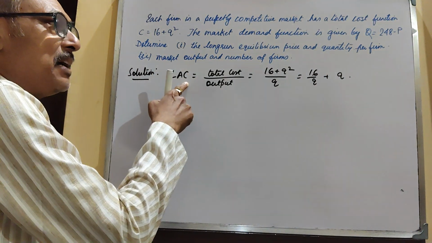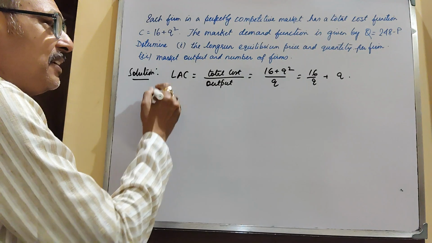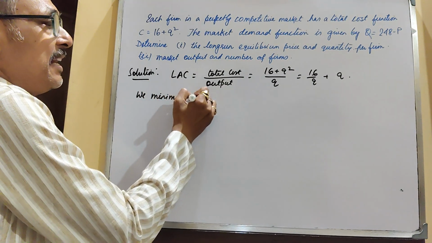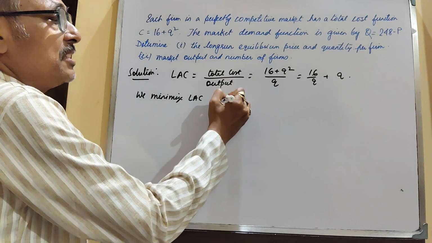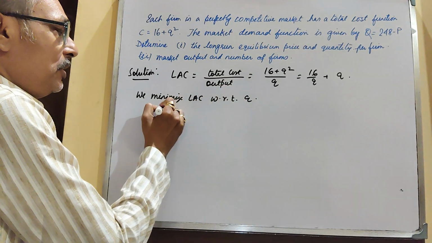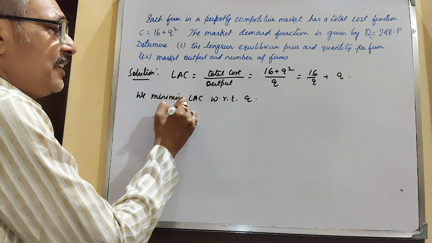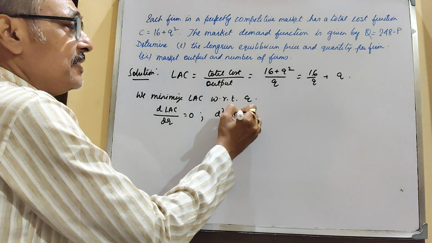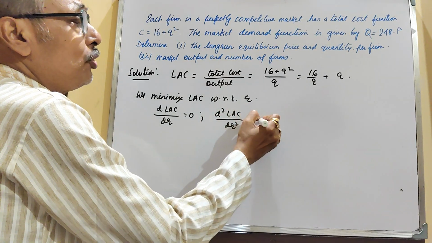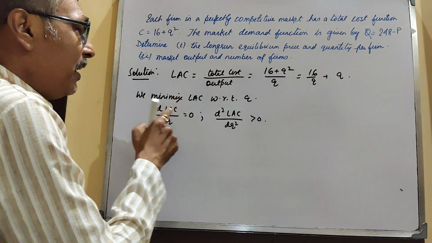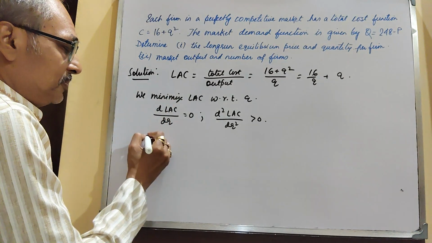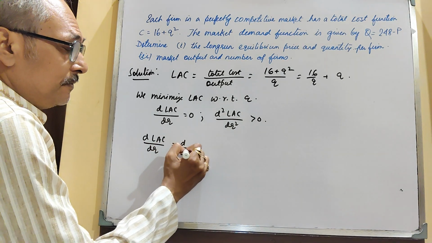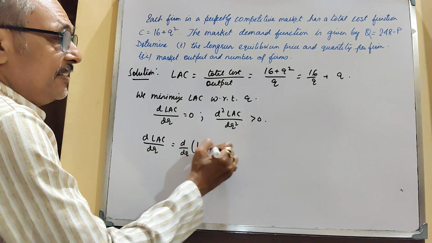Now we have to minimize LAC to get the price. We minimize LAC with respect to q. That is dLAC by dq equals 0, and d2LAC by dq squared should be greater than 0. Now we do the first one.